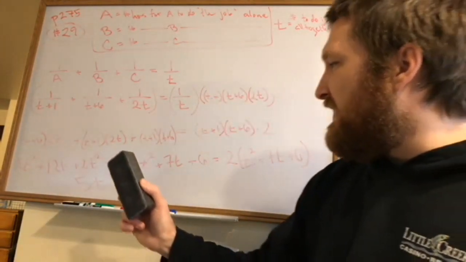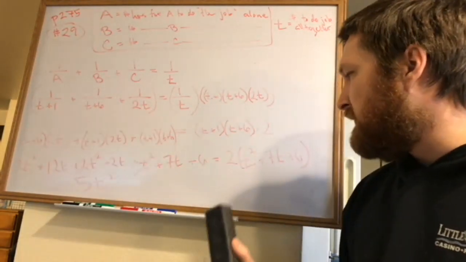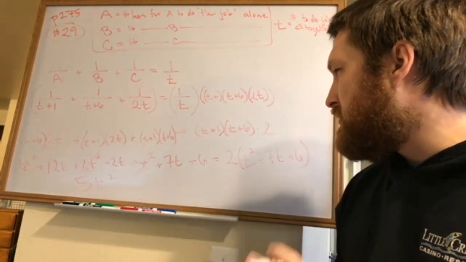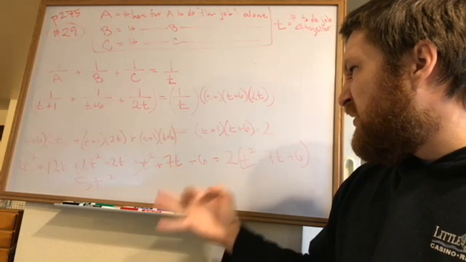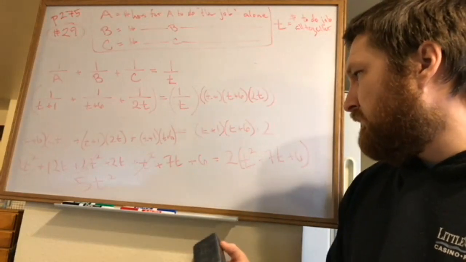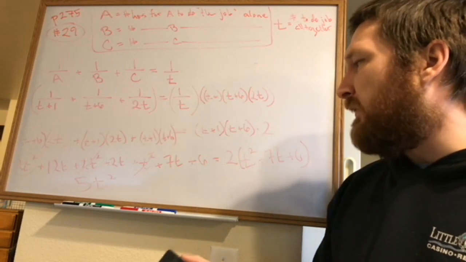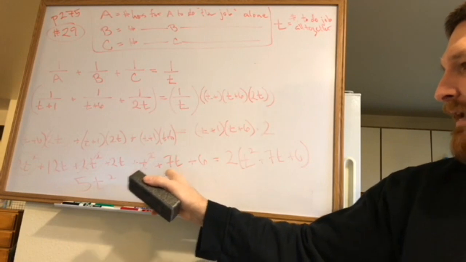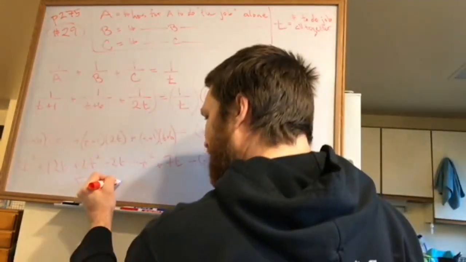Now, what about the t terms? 12 plus 2 is 14, and 7 is 21. Let's do it this way: 2 plus 7 is 9, 9 plus 12 is 21. So plus 21t.